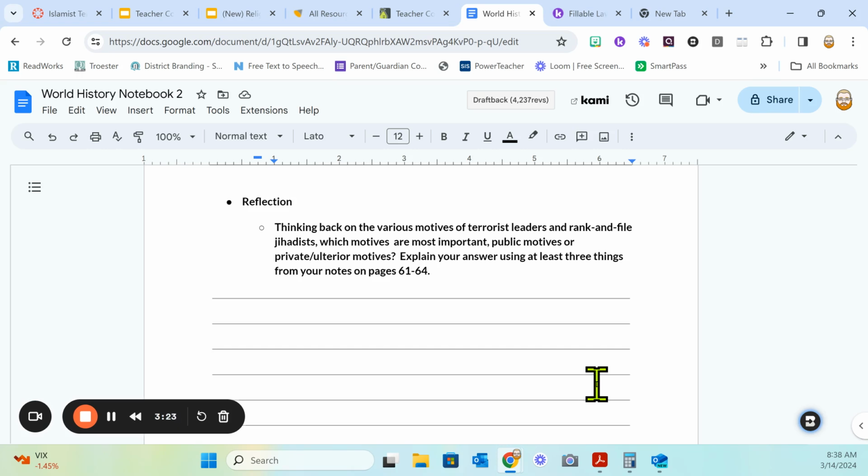And explain your answer, whether it's public or private/ulterior, using at least 3 items from your notes, everything from pages 61 up to 60. I'm really batting 1,000 on this one. That should be page 63, since page 64 is your reflection.